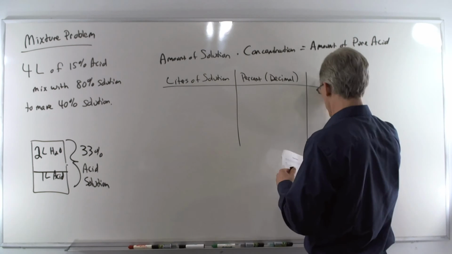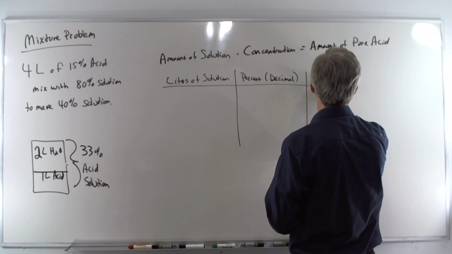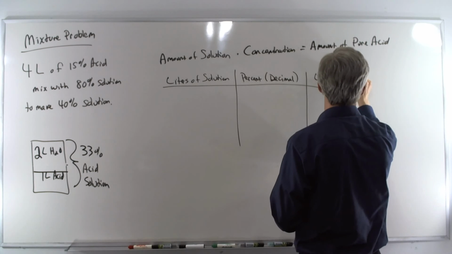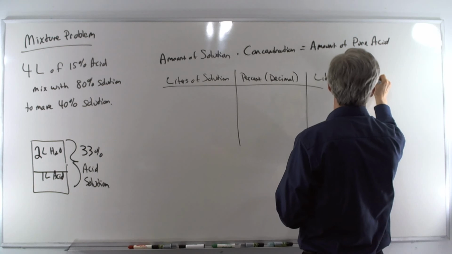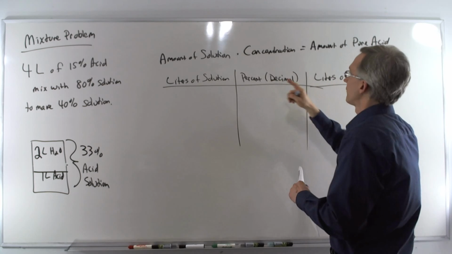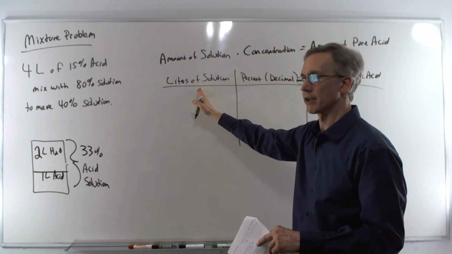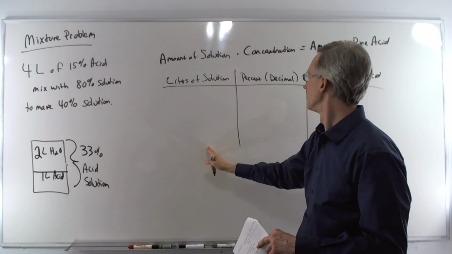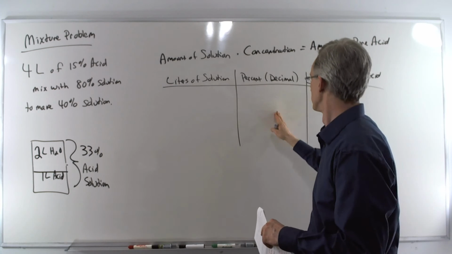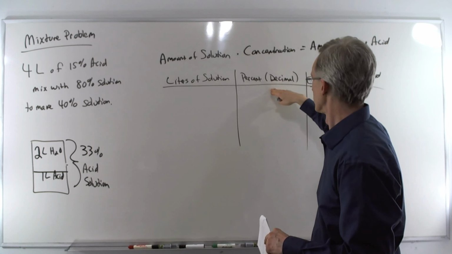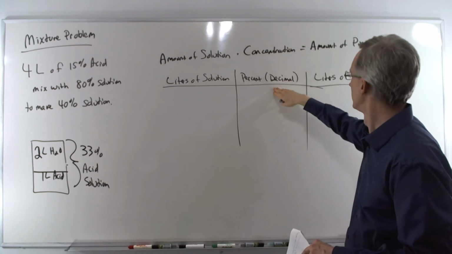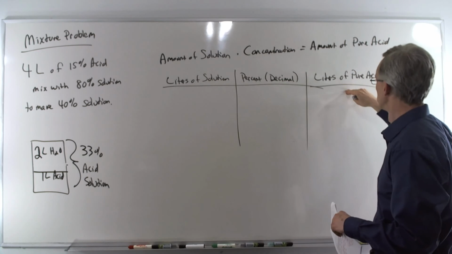And over here, the amount of pure acid in liters. All right, so the table follows the equation. So we can take anything in this column, multiply it by something in this column in the same row, and that will equal what's in this column.